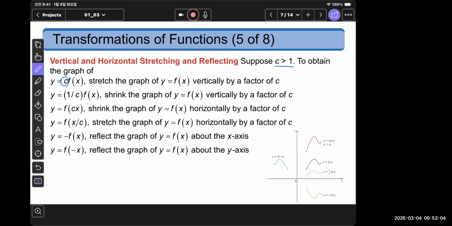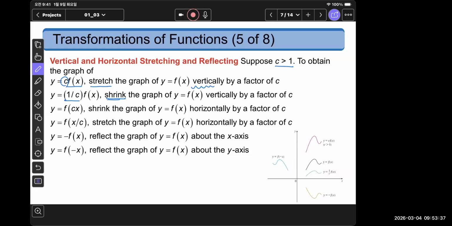In that case, when such a c is multiplied to f of x, you need to stretch the graph vertically by a factor of c. But if you multiply some number which is less than 1, so if c is greater than 1, 1 over c will be less than 1, in that case you need to shrink the graph vertically by a factor of c.